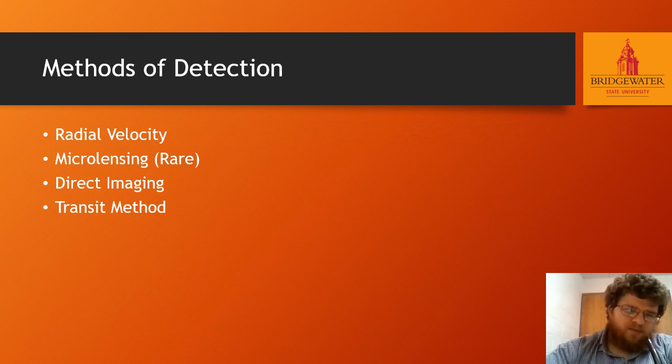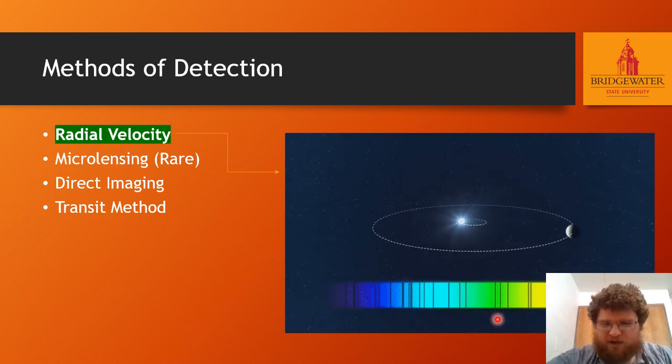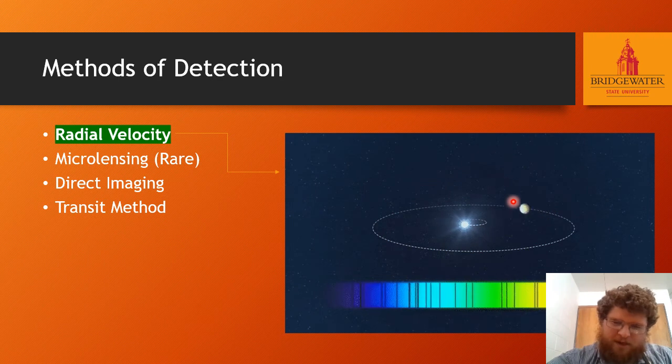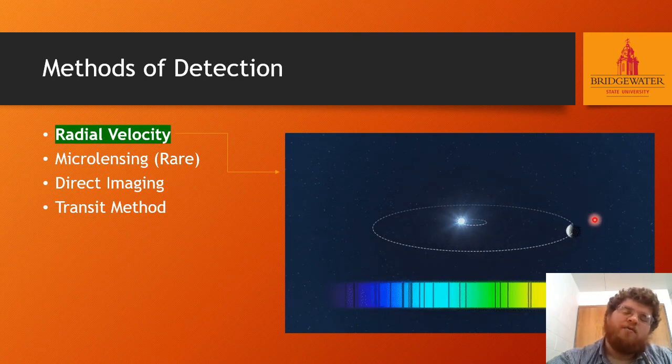So what are the ways that we can detect exoplanets? So we have radial velocity, microlensing, which is pretty new but rare, direct imaging, and the transit method. So radial velocity, that's simply using a Doppler shift effect to see the sort of circular motion that this star is making due to the fact that there's a planet orbiting it.